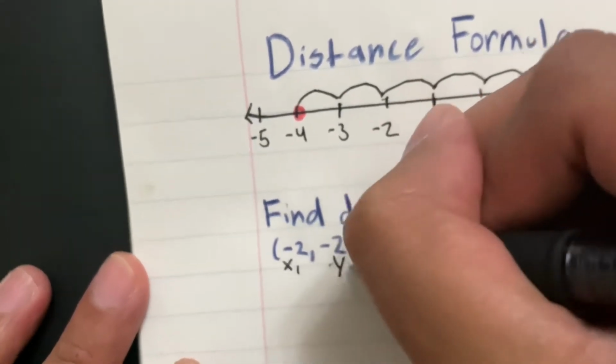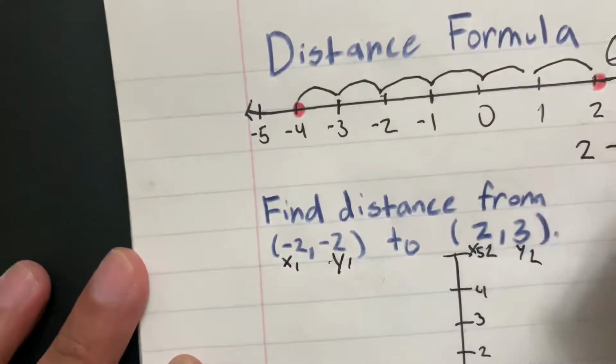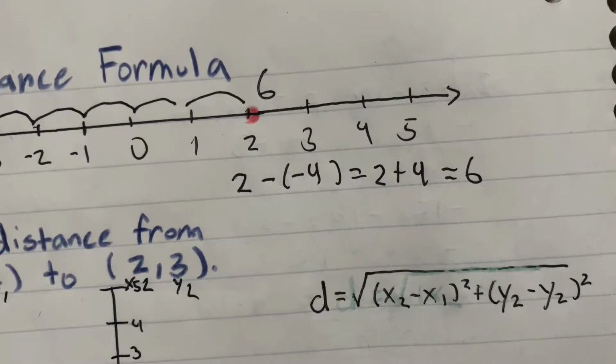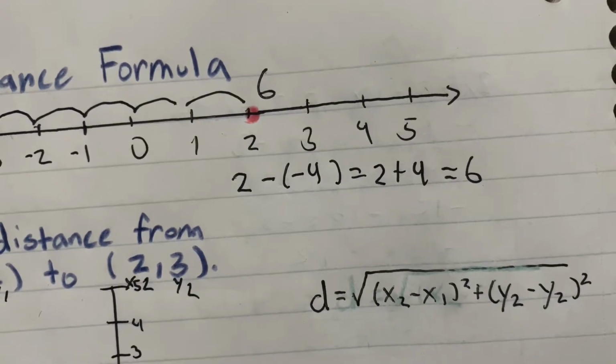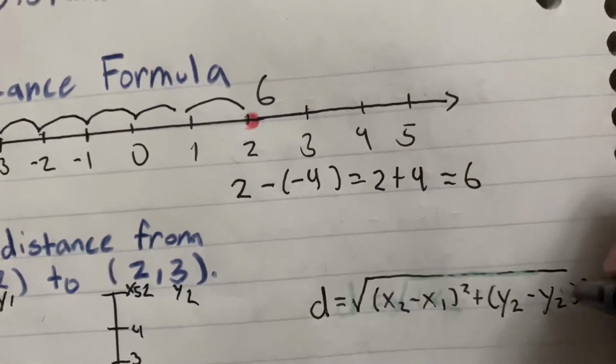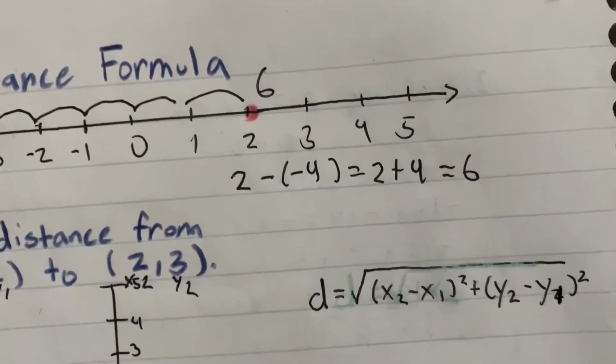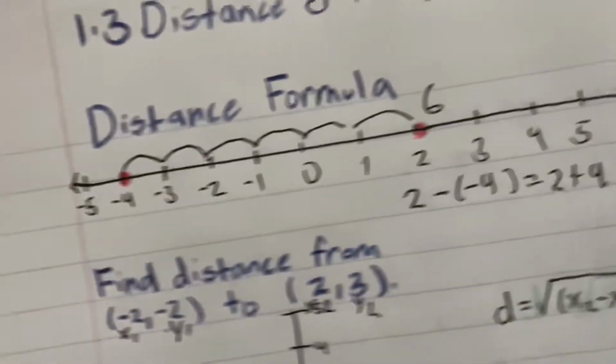This will be y1 and y2. So that's what I'm going to label it as. So we see x2 minus x1 in parentheses squared plus parentheses y2 minus y1. Sorry, there's a mistake there. And yeah, that's our formula.